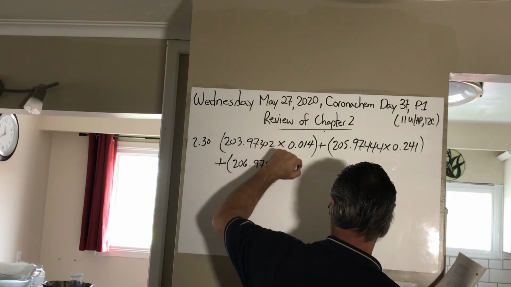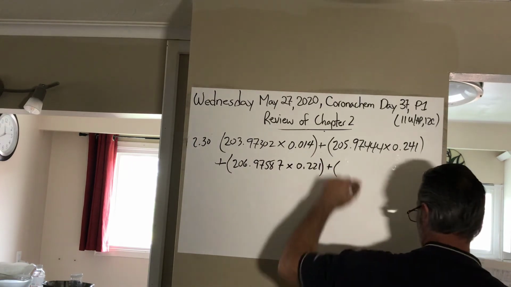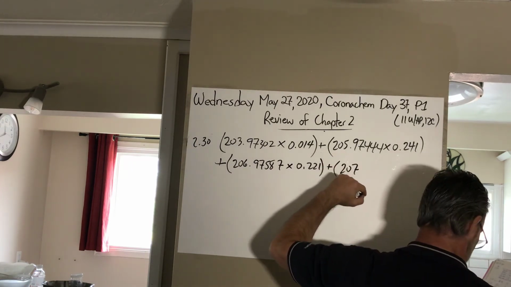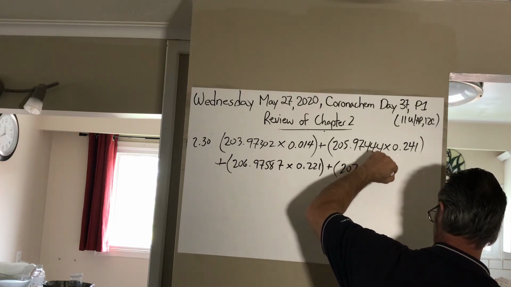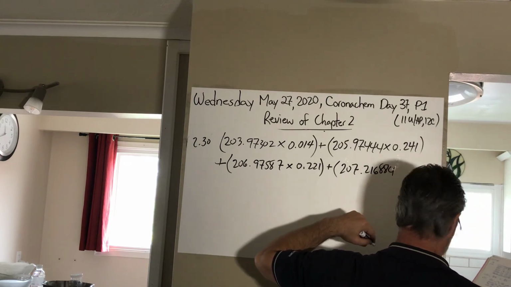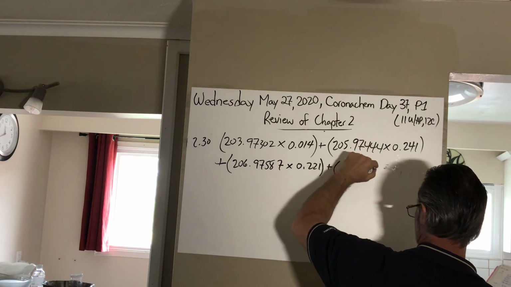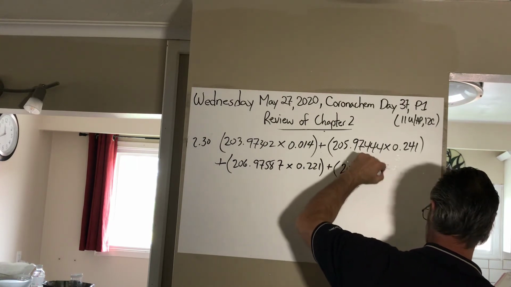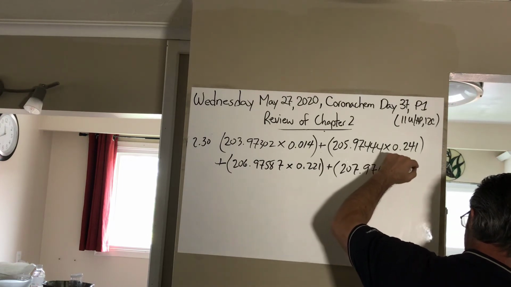So you're going to say times 0.221. And lastly, you have the one that weighs 207.97663, and it has a 52.4% abundance. You write that as 0.524.